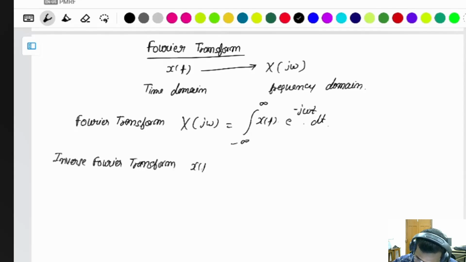You can find the time domain one by 1 by 2 pi integration from minus infinity to infinity of X(j omega) e to the power j omega t d omega.